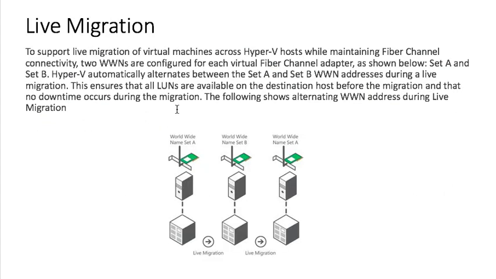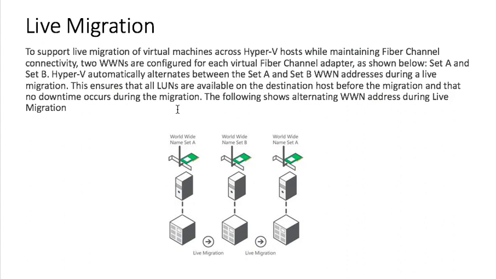Next is live migration. To support live migration of a virtual machine across Hyper-V hosts while maintaining Fibre Channel connectivity, two WWNs are configured for each Fibre Channel adapter, as shown below: Set A and Set B. Hyper-V automatically alternates between the Set A and Set B WWN addresses during a live migration.